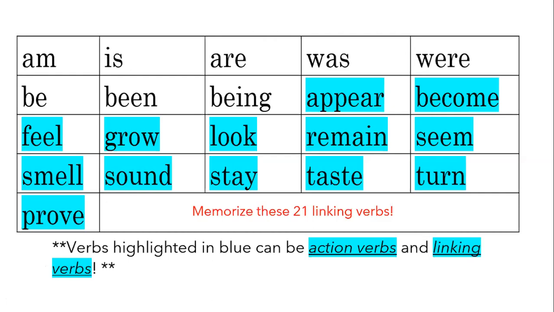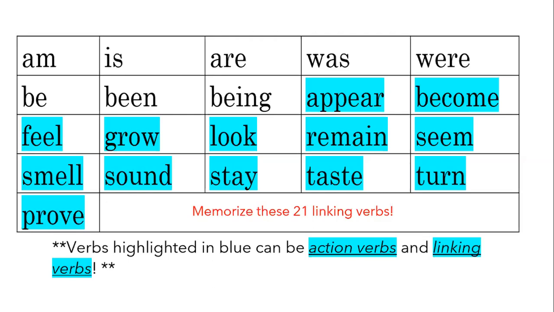This whole lesson is all about linking verbs, okay? But I still need you to understand that verbs have different roles, they have different jobs, depending on the sentence, okay? So you can maybe come up with a song. You can rewrite the linking verbs a few times.